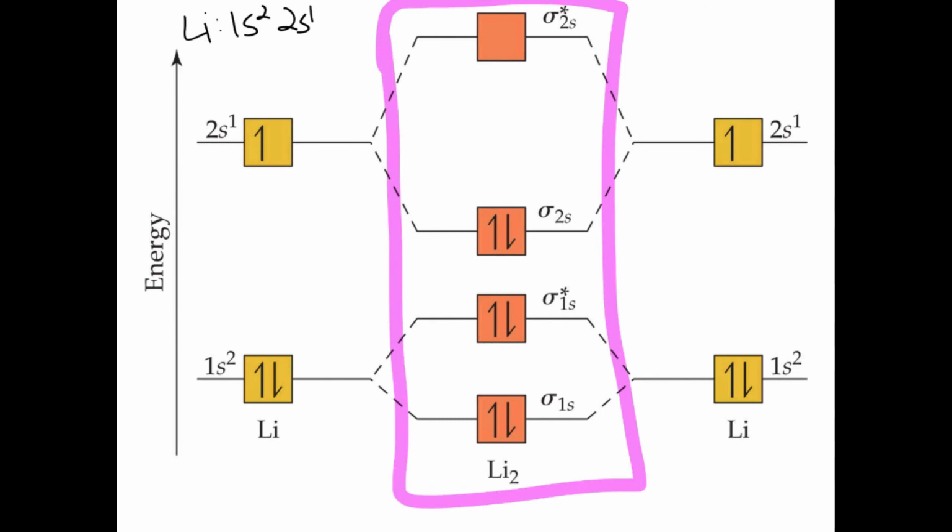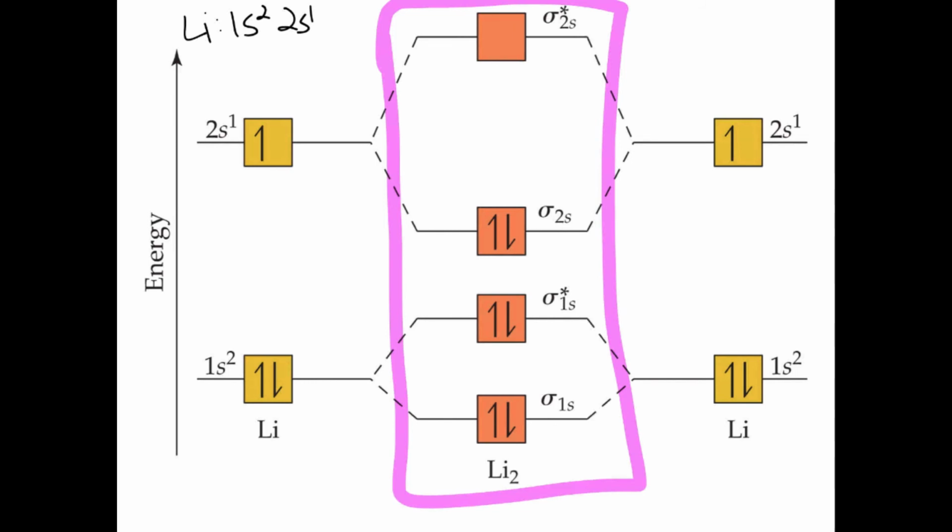But this diagram, I think, reminds us of yet another interesting consequence of molecular orbital theory, which is that it is virtually impossible to pinpoint the electrons in a molecular orbital diagram that are responsible for, say, a particular bond.